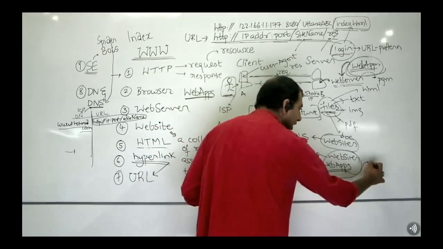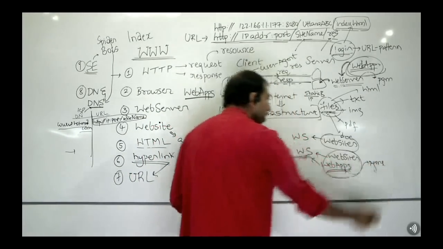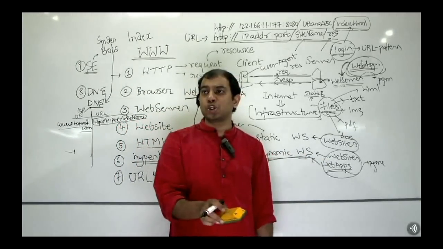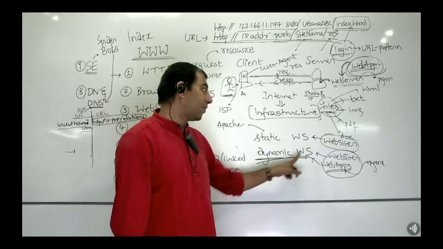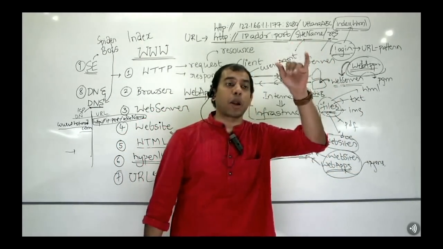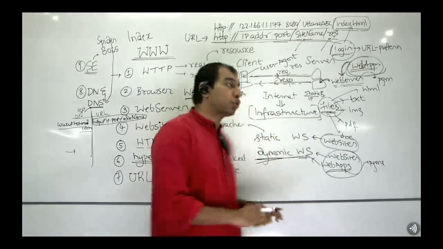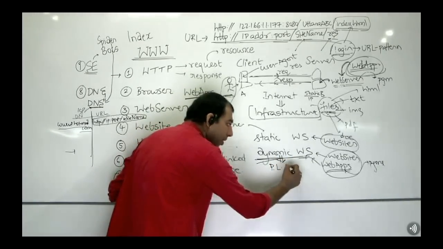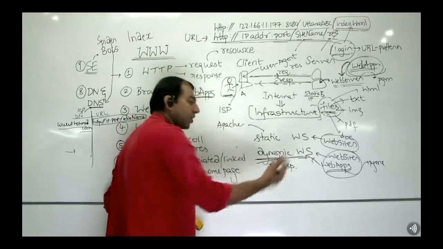Remember, web apps contain programs, and obviously if web apps contain programs, the programs are built on a programming language. Obviously, the web server should know how to call a programming language's program. So all dynamic web servers are programming language enabled, or programming language specific rather.